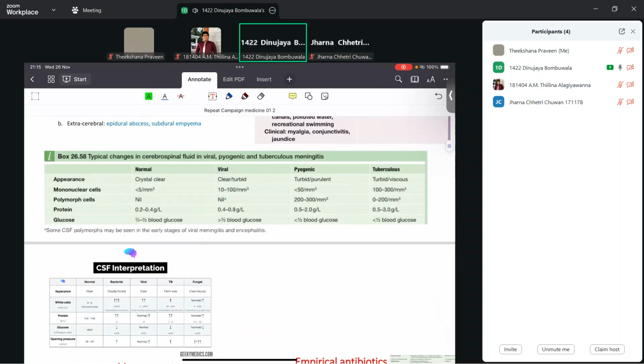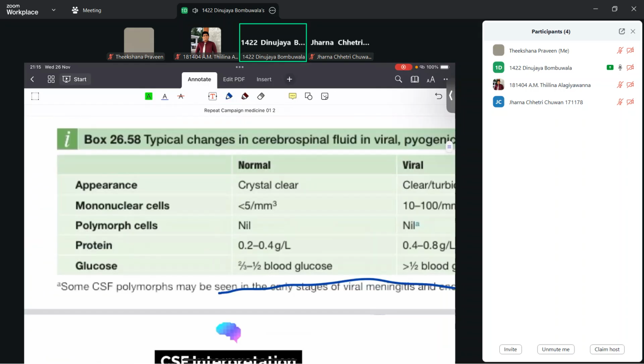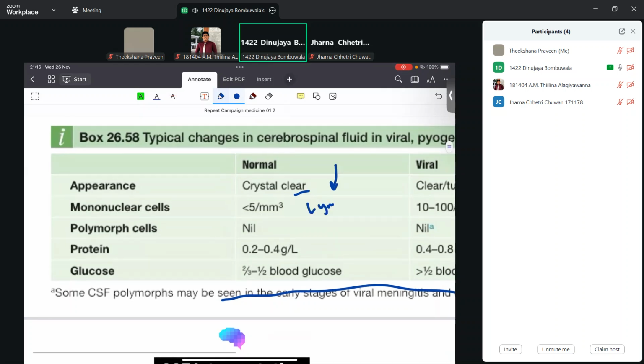The top one is from Kumar and Clark, and first we have to go through the normal parameters of CSF. Usually CSF is clear, with fewer than 5 mononuclear cells, that is, lymphocytes fewer than 5.